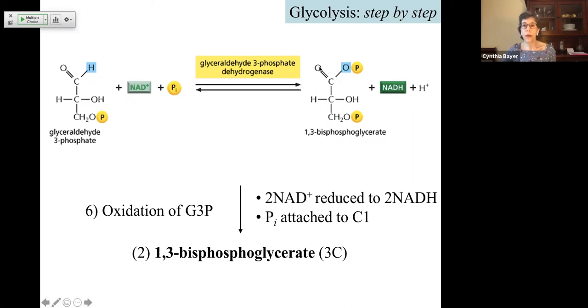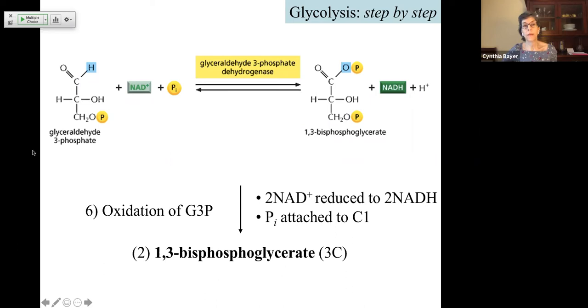The reason this is a high free energy molecule is because the energy that was released by the enzyme removing the electrons allowed for the formation of this high energy bond. We don't need to know what the free energy change of hydrolysis of these are, but suffice it to say that this is a high energy molecule. And remember, we've got 2 of these, right?